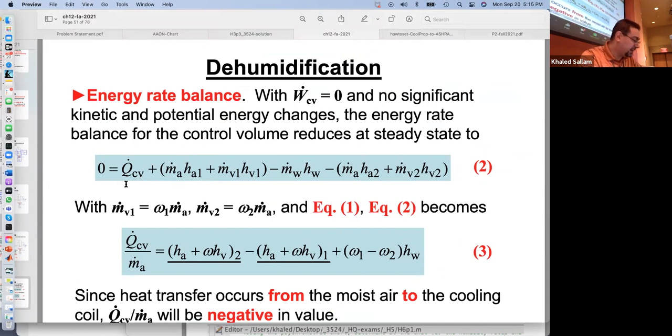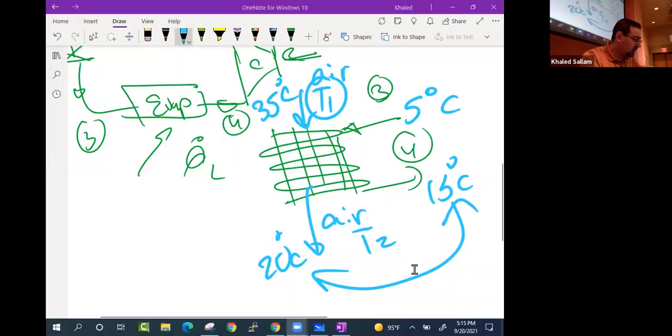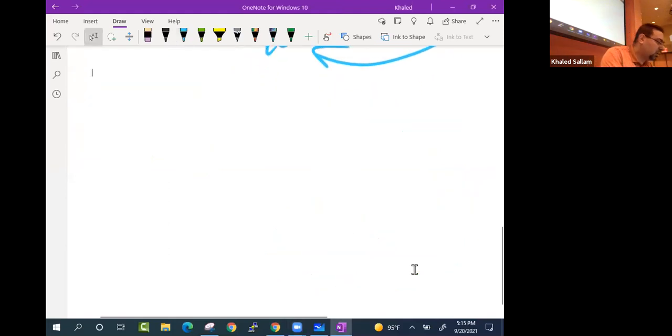I, on the other hand, always like to respect the sign convention of the first law of thermodynamics.